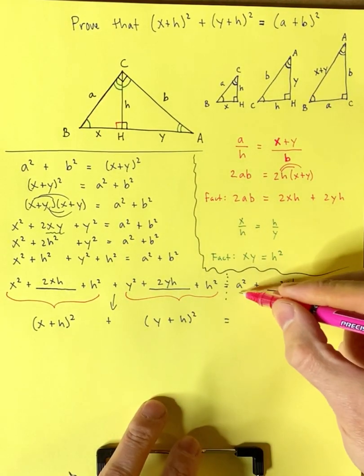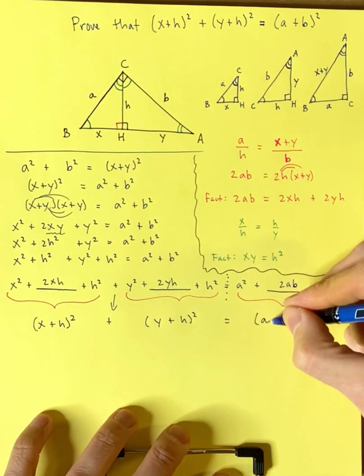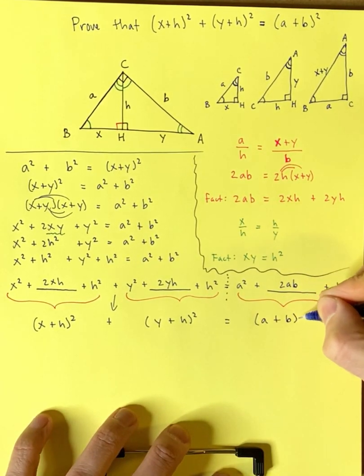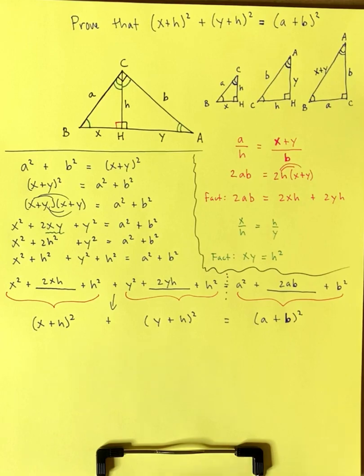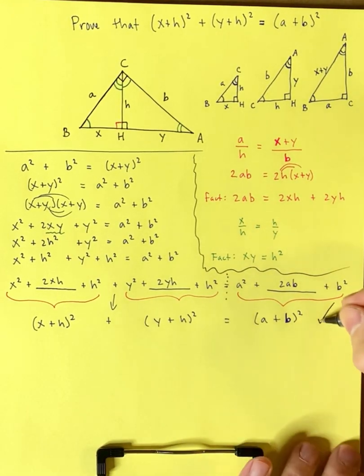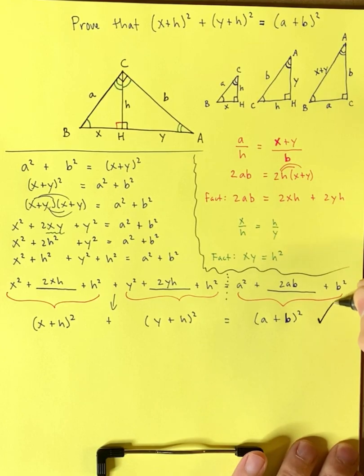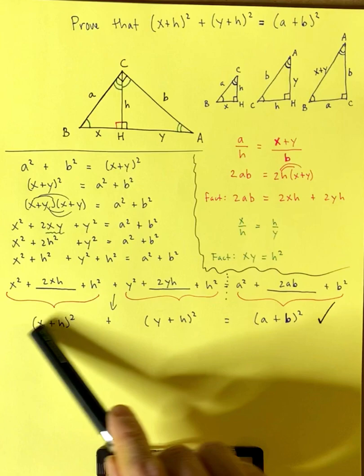And as you can probably predict, that trinomial is the same as the square of that sum. And you know what I'm going to do? I am going to put a check mark because we're finished. Because what was the goal? The goal was this, to show that this is true, and we have.